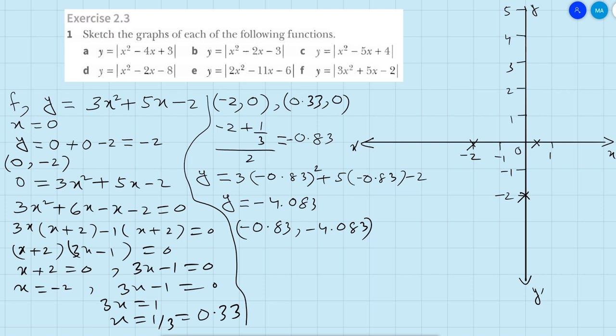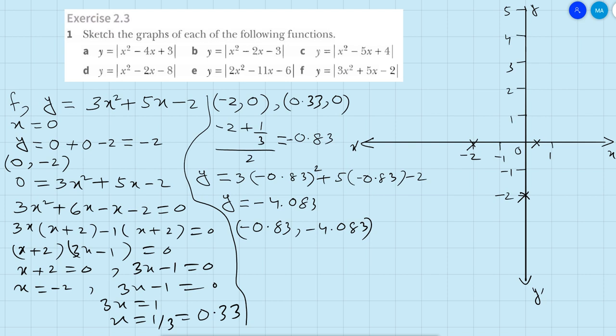Now we have to see this point. This is minus 0.83 and minus 4.083. But students, we need a point which is just above the x-axis.